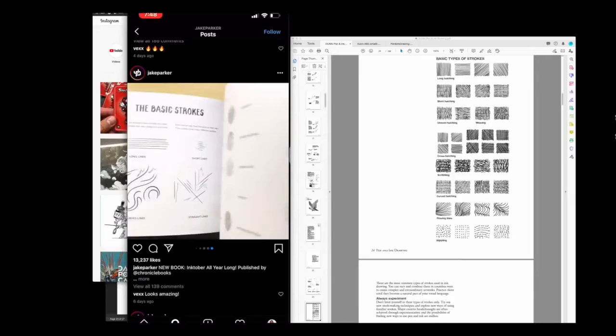I suppose then his argument is the title matches. Well, the title is too similar. But here's a question: how do you describe the basic strokes of drawing in ink without using the words basic, types or strokes? Could have a case. There could be some argument to be made there, I suppose.